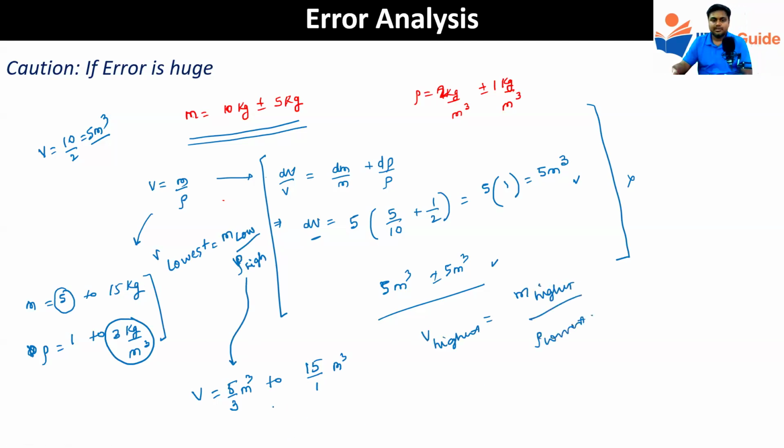Is it clear? So this is how we will have to report, not this. And by calculus, anyway, dv means small only, dx means small only. If it is clear, please raise your hand.